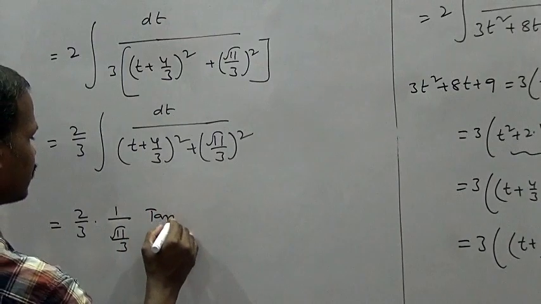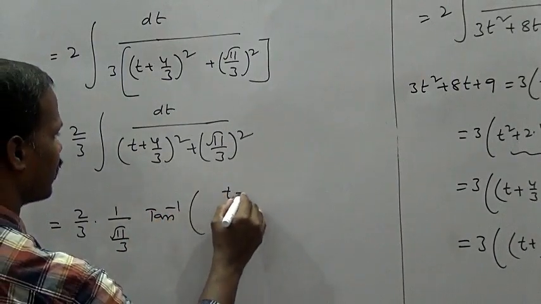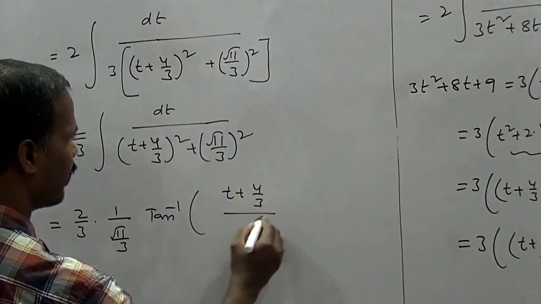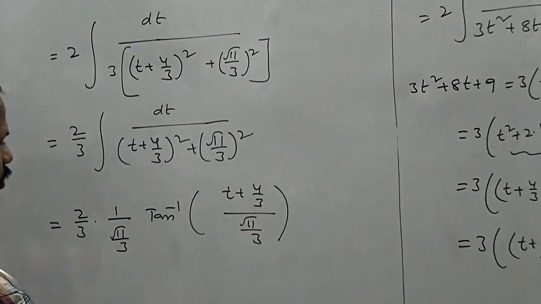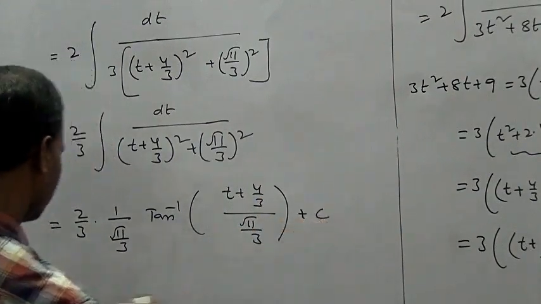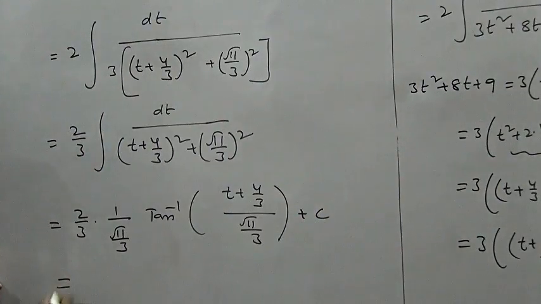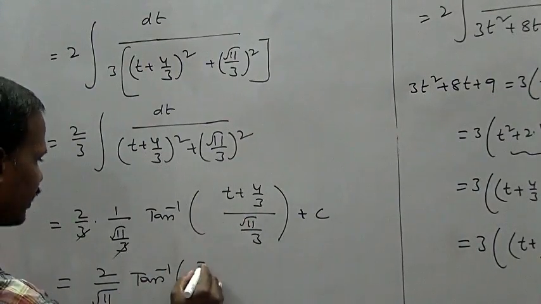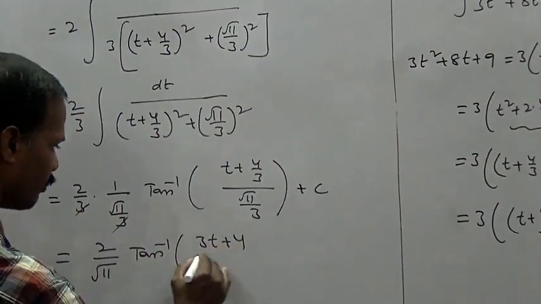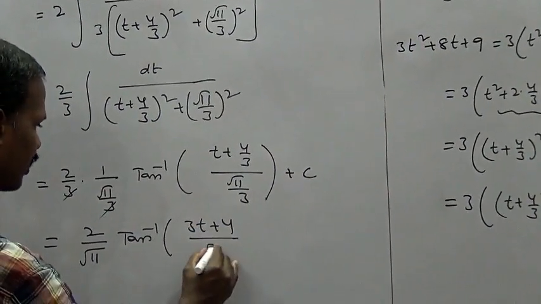Tan inverse x by a, t plus 4 by 3 by root 11 by 3, plus c. So this is equal to, 3 will be cancelled, 2 by root 11 tan inverse 3t plus 4 by root 11 plus c.